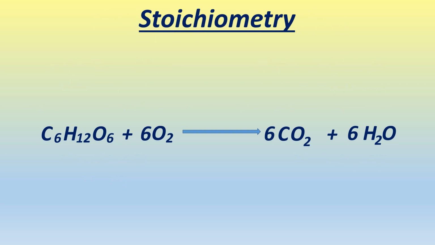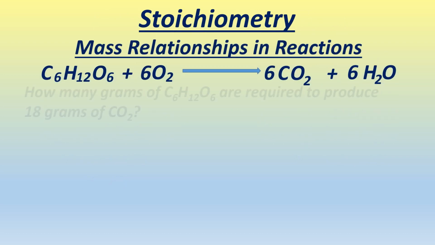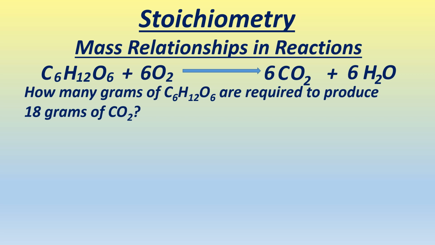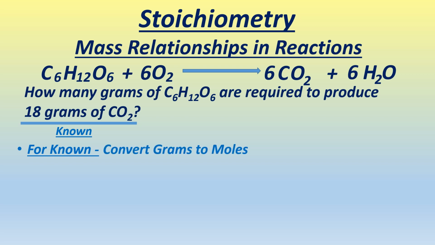To use this reaction, you now enter something called stoichiometry. How to use a balanced equation in the real world to get a mass relationship. For example, if I wanted to produce 18 grams of CO2, how many grams of C6H12O6 would I require? One starts with looking at the known. I have 18 grams of CO2.